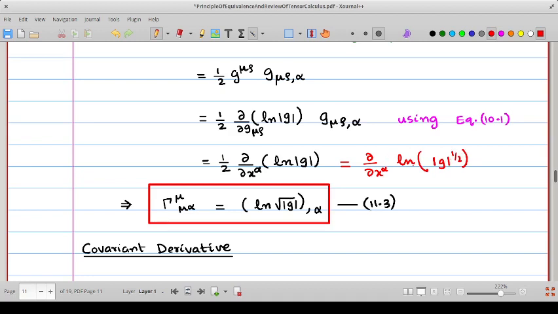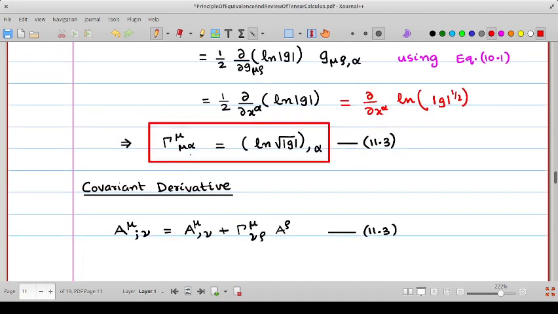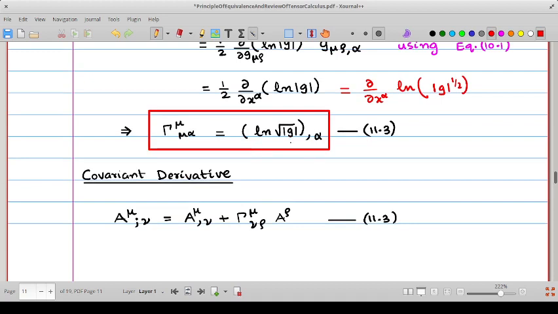So this is the derivative of the logarithm of the square root of the absolute value of g with respect to x^α, which may be written using this symbol: logarithm of square root of absolute value of g, comma α. So Γ^μ_{μα} equals the logarithm of the square root of the absolute value of g, comma α.